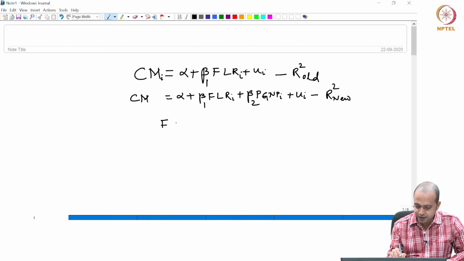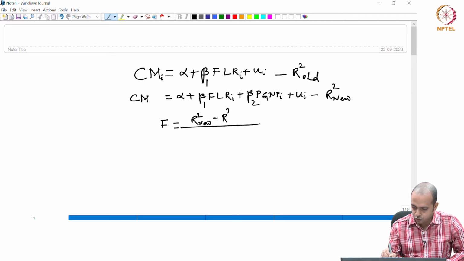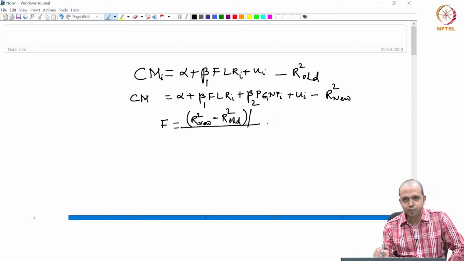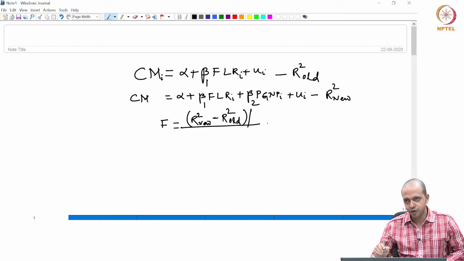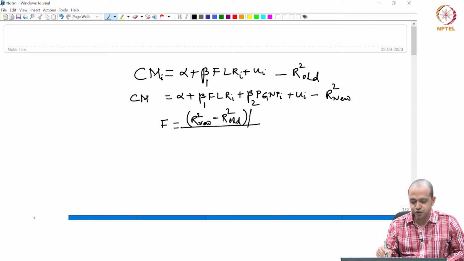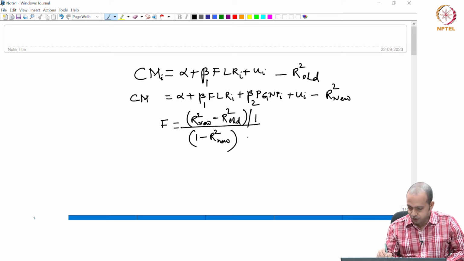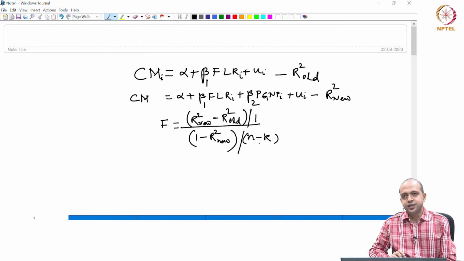We define the F statistic as R square new minus R square old, divided by the number of new explanatory variables added in the model, which is 1 here, divided by 1 minus R square new, divided by n minus k, where k is the total number of parameters to be estimated in the new model.